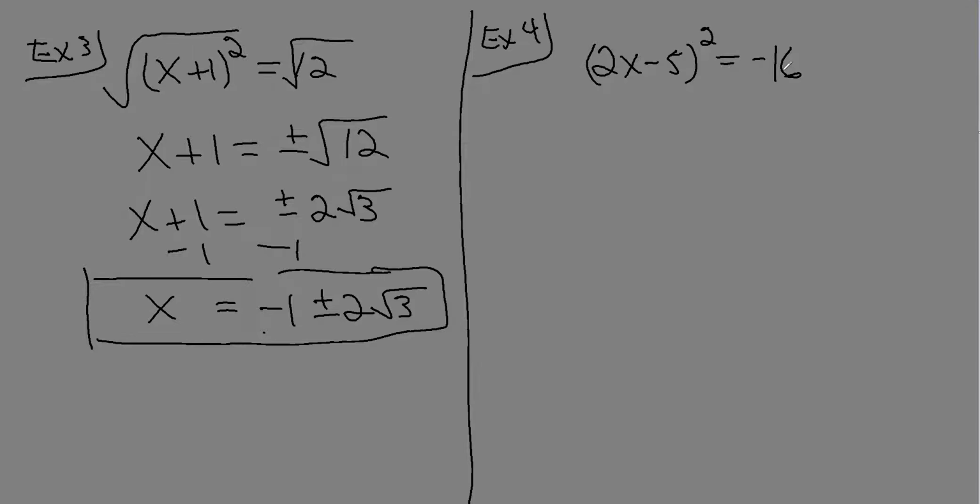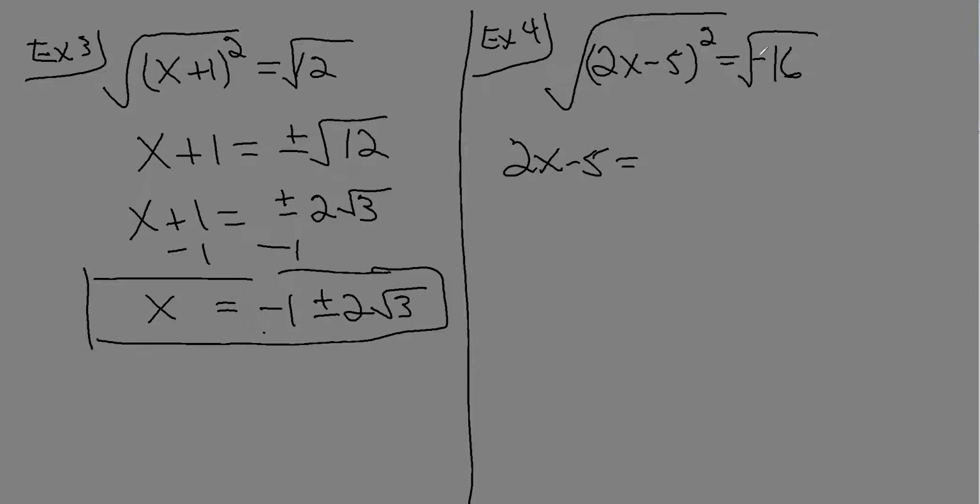Nothing to do here but take the square root of both sides. Notice I'm taking the square root of a negative number, so that should alert us to the imaginary numbers. So the left side is going to be 2x minus 5. That's going to equal, what happens here? Well, the negative 1 times 16, I can break that down.